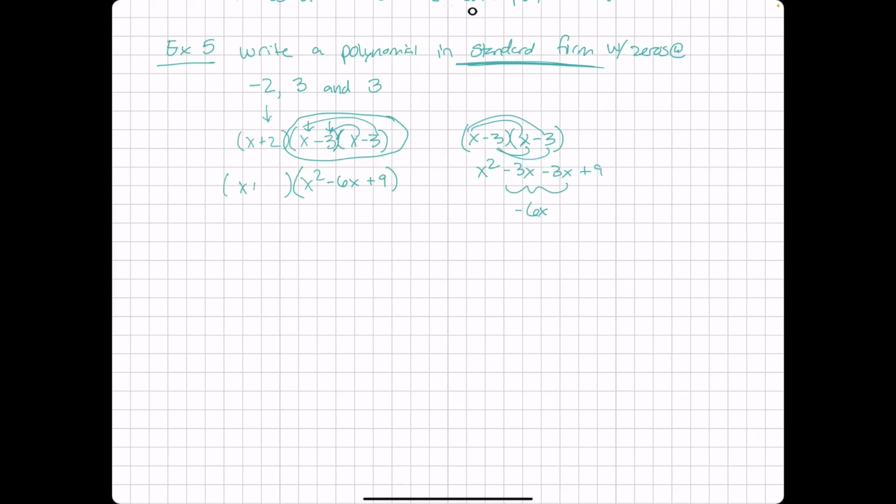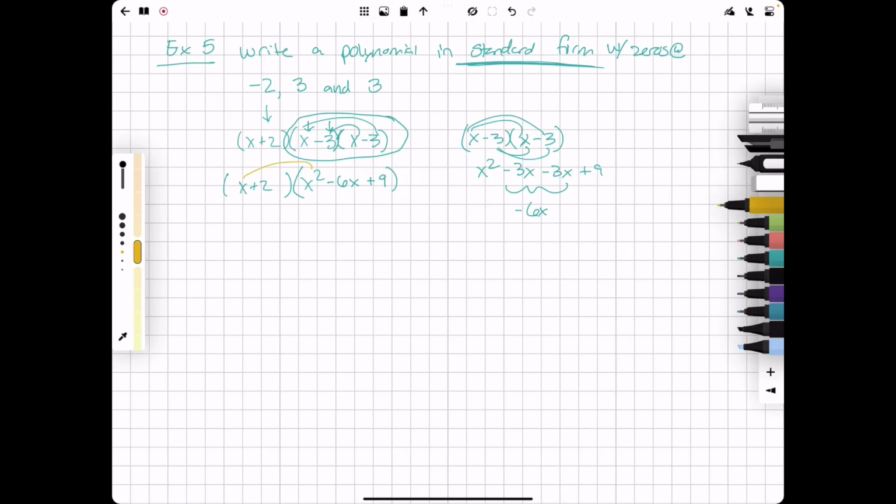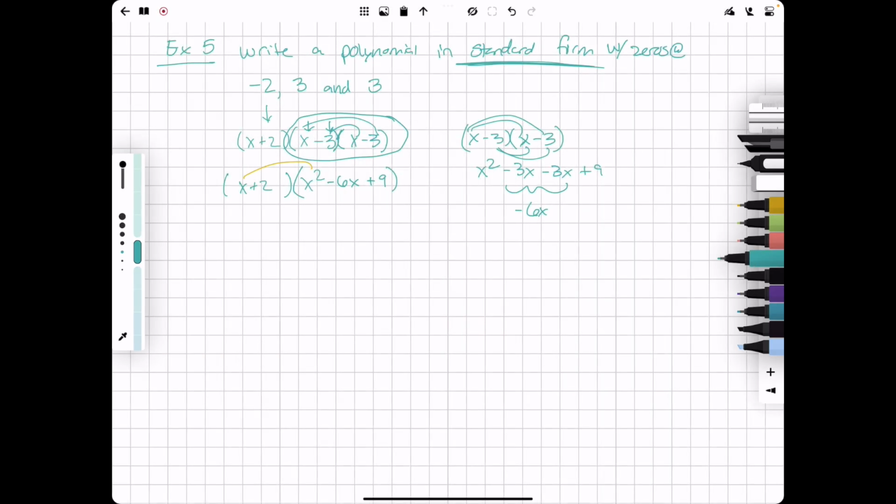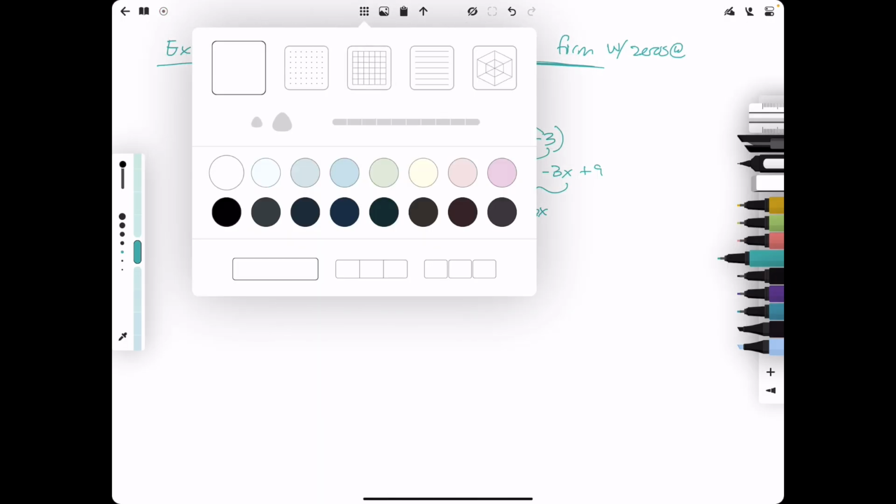And I still have the x plus 2 out front that I need to multiply out. So if I start doing that, I'm going to use a different color here. X times negative 6x. X to the third, what? Oh, I didn't do that yet. Then minus 6x squared. I'm going to get rid of my grid because it's a little too hard to see all that stuff.